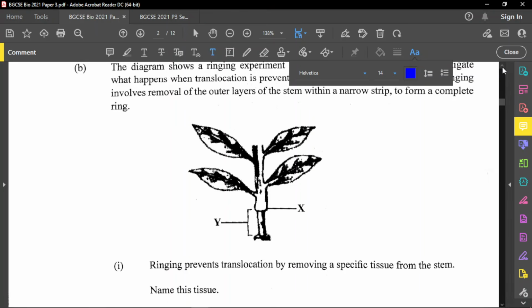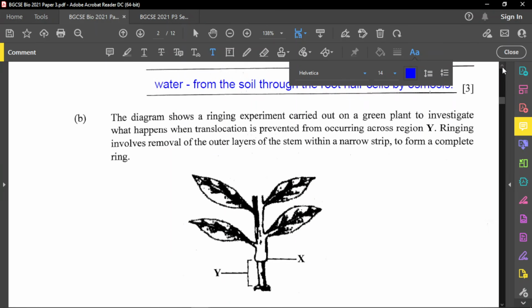Now, for this part of the question, it said that the diagram shows a ringing experiment carried out on a green plant to investigate what happens when translocation is prevented from occurring across region Y. So notice here they want to stop translocation, which is the transportation of plant food. Please remember that, particularly glucose and amino acids.